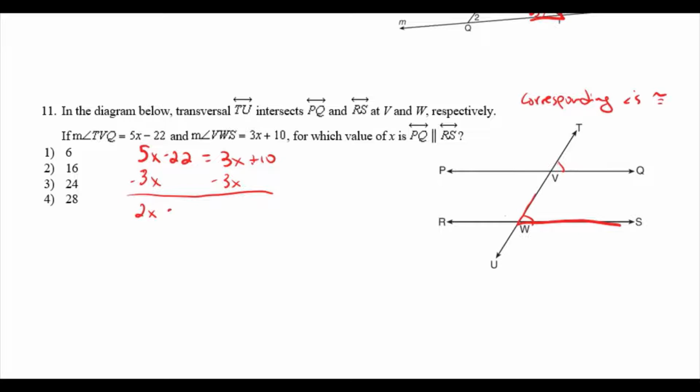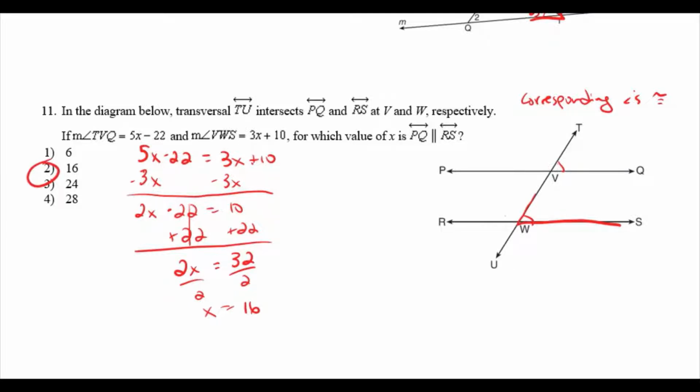So 2x minus 22 is equal to 10. So we'll add the 22 over to the other side. So we want to get the x's on one side, the numbers on the other. Undo the addition subtraction first. And then divide out by 2. And x is going to equal 16. So we want choice 2 for that one. All right.